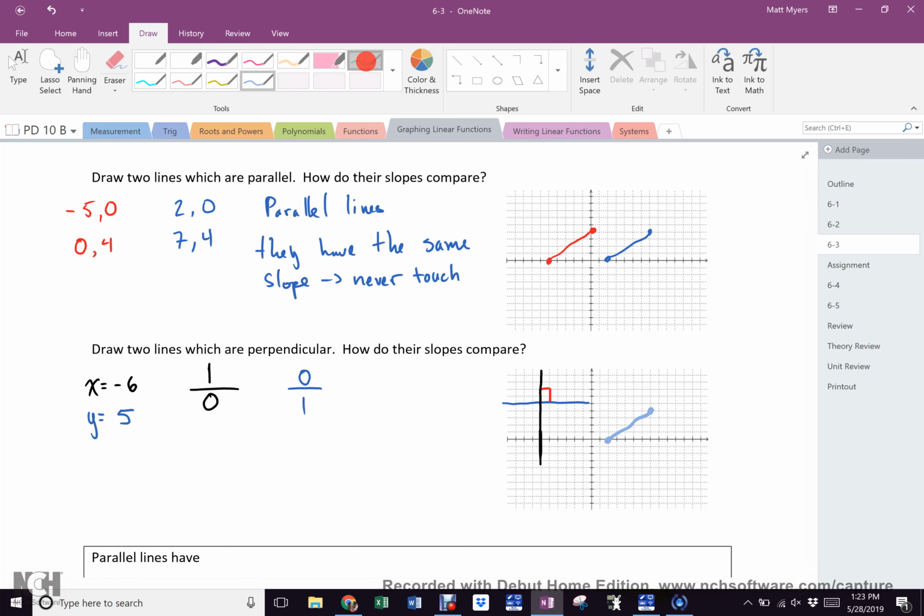Now, draw a second line from 5, 0, 2, 4, 5, through 1, 5.